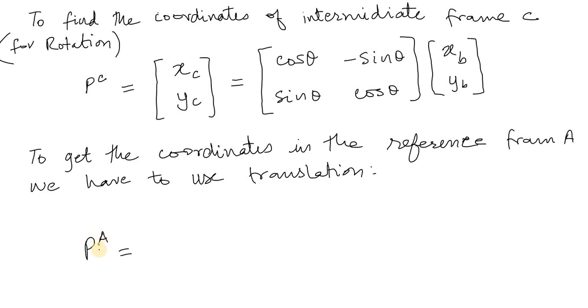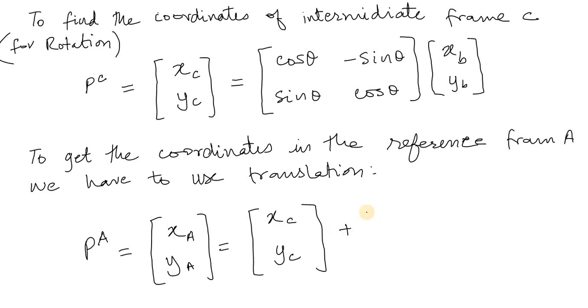To represent a point in your frame A, what you need to do is to add the coordinates of frame C plus delta x and delta y. So this is how you get the translation. You can translate your frame C into frame A.